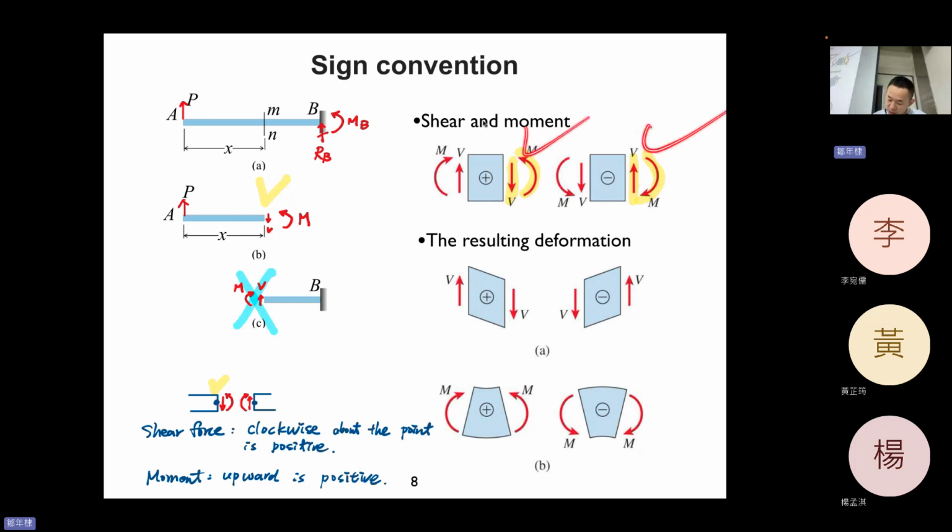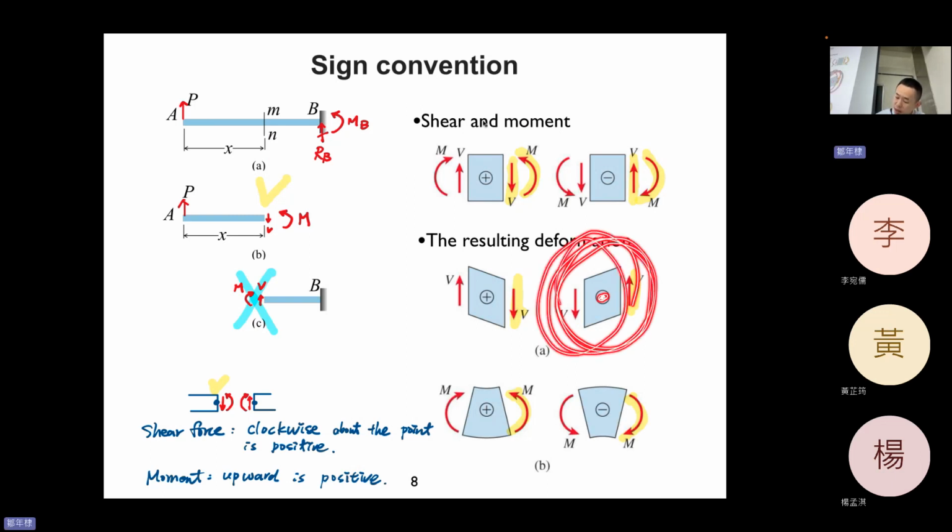So we will pick this, and this, and that. So you can see that this one, downward, rotates this material point clockwise. It is positive. And if it rotates the material point counterclockwise, it is minus. Okay, and smile curve is positive M, a quiet curve is negative.